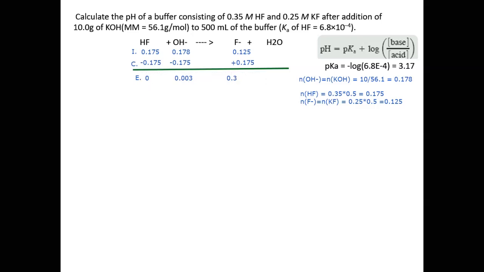So again, now we have to notice something. We have an excess of strong base left. So what we're going to do is find the concentration of hydroxide, then find its pOH, and then find the pH, because now the buffer has been destroyed because we have an excess of hydroxide ions. So concentration of hydroxide equals 0.003 divided by 0.5, which is 0.006.